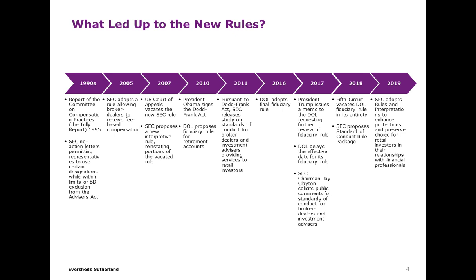So we're seeing a handful of states, Nevada, New Jersey, Maryland, recently propose enhanced true fiduciary standards of conduct on broker-dealers. It's unclear how these state laws will align with the SEC standard or if they'll even remain intact, as this will most likely end up being resolved by the courts.